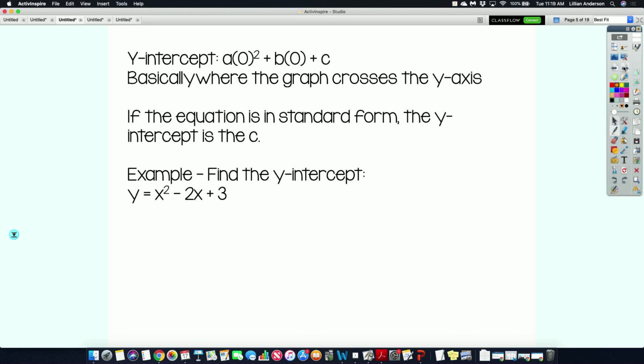The y-intercept is where the graph crosses the y-axis, and when it's in standard form, the y-intercept is always the c. It's always that constant, that number that doesn't have a variable. As you can see, 0 squared times a goes away, b times 0 goes away, and you're just left with c. Always, always.